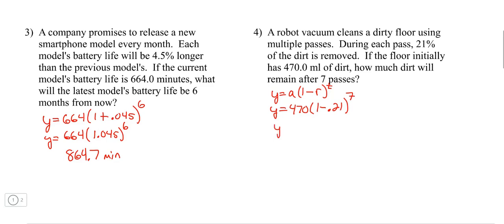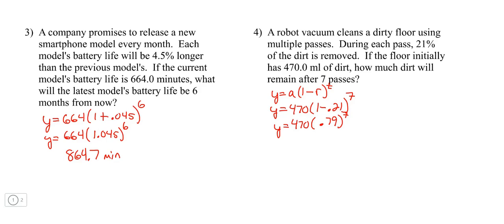So this is going to be y equals 470 times 1 minus 21% as a decimal is 0.21 to the 7th power, because t here is each pass. And then we have y equals 470 times 1 minus 0.21 is going to be 0.79 to the 7th power. So here's our equation. Y equals 470 times 0.79 to the 7th power.